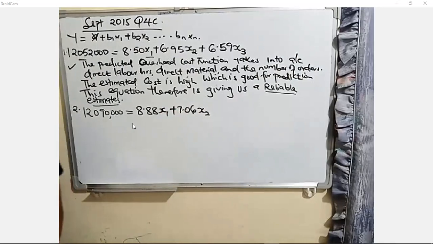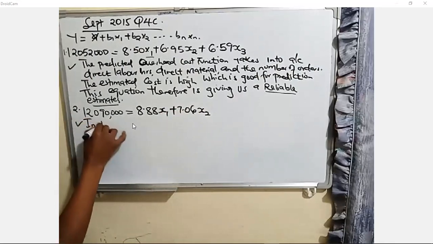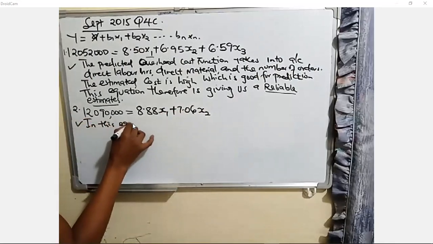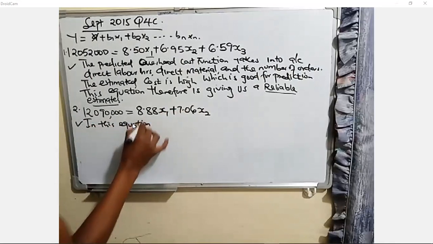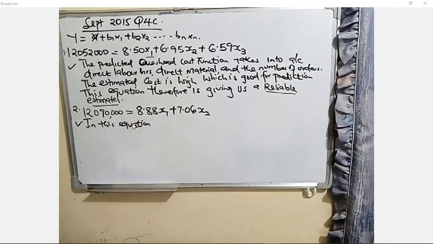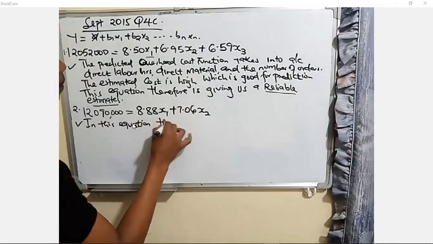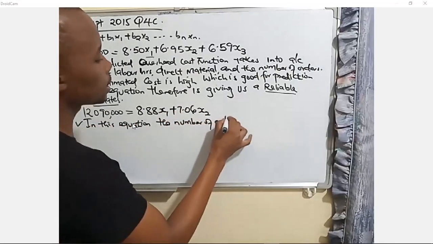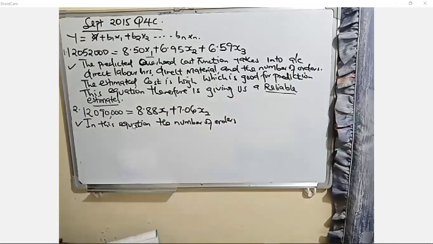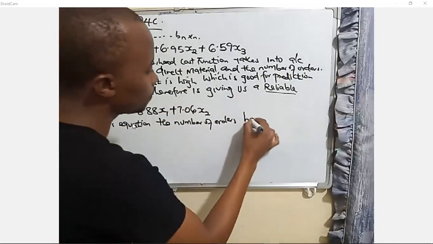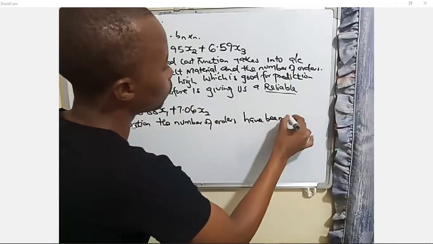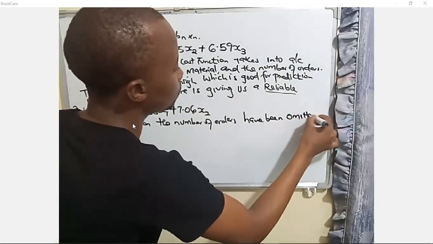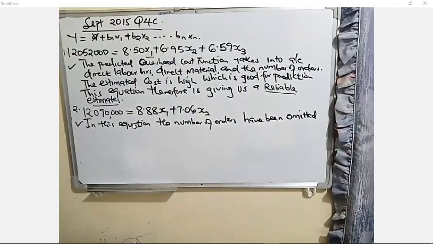So when you're explaining your equation, you can just say this, very simple. In this equation, the number of orders have been omitted.